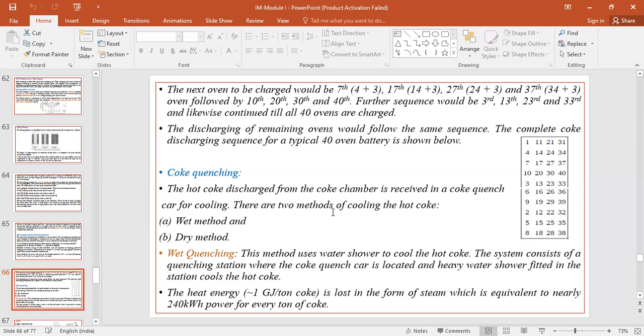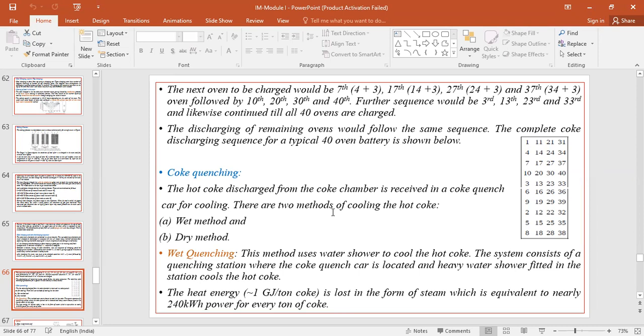In the wet method, where we use water as a media, the quench car is moved and kept under the quench tower, and through the water pipes, the water will be sprinkled on the red hot coke, and that is how the coke will get cooled down.